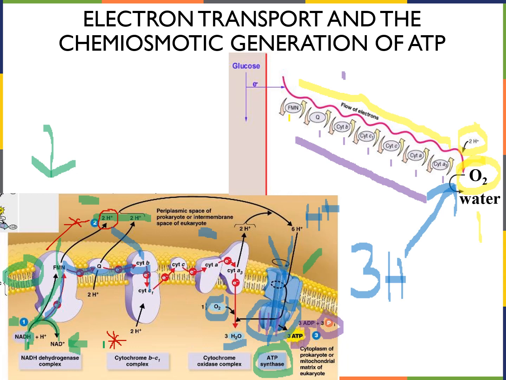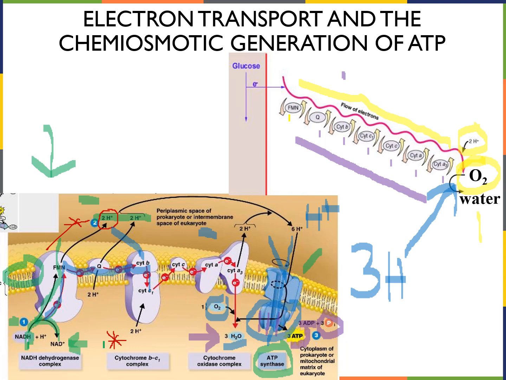So on the exam, I told you I would have this exact picture on the exam, and I would ask you a couple of things. I would ask you, okay, where is water made? And again, water is made here. I ask you the location of the electron transport chain, and remember, it's located in the plasma membrane.